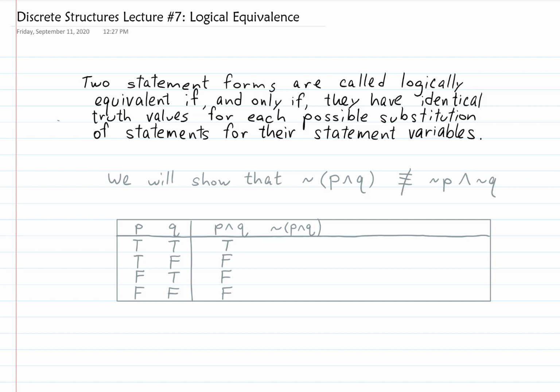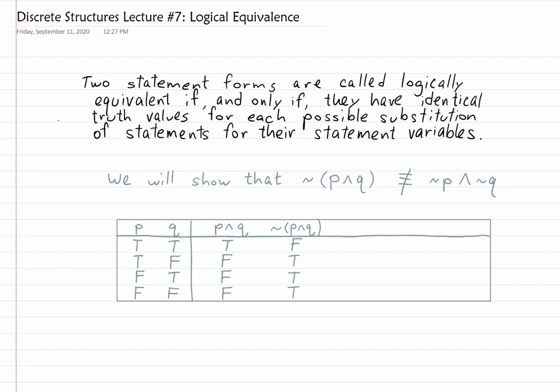Okay, now the next one is the negation of that. How does that work? When a statement form is true, its negation is false. When a statement form is false, its negation is true. I'm looking at this column to figure out how to fill in this column, because this one is just the negation of this one. Okay, so that takes care of this.